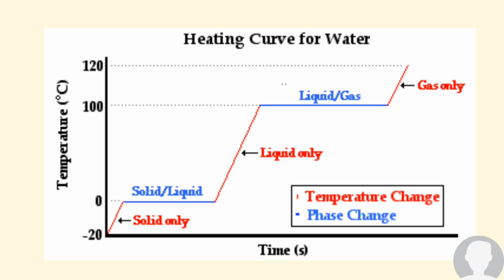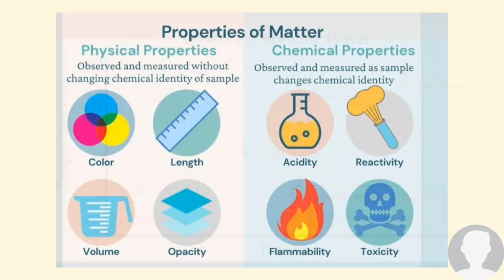At this temperature, it does not change. When we continue heating the liquid, there will be a rise in temperature, and the liquid will turn to gas. So as you can see, at 100 degrees Celsius and at 0 degrees Celsius, the temperature remains constant during the heating of water.